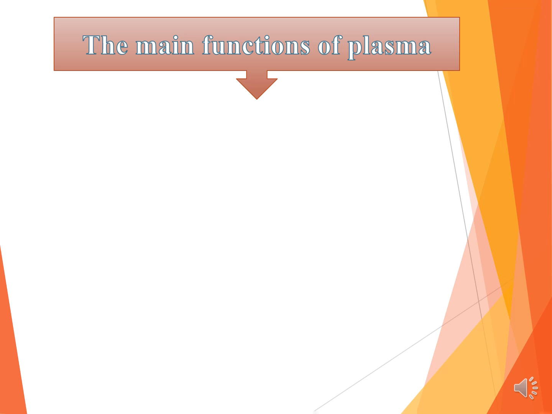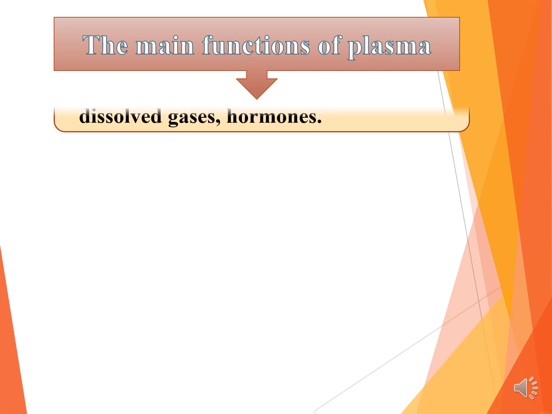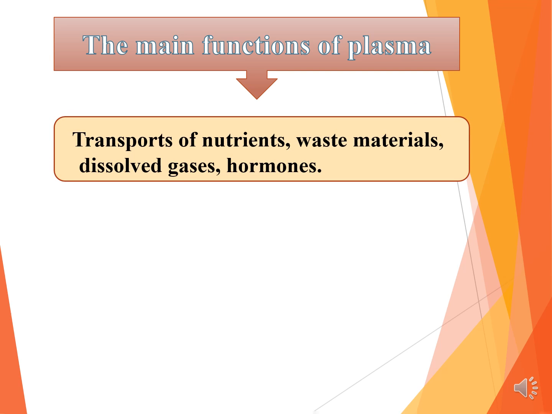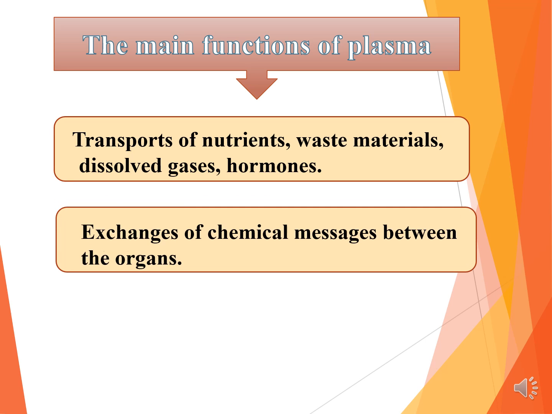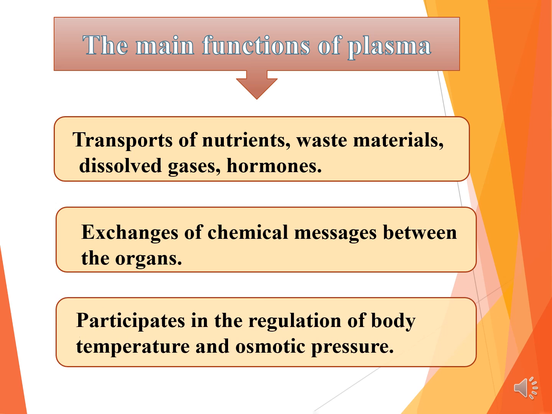The main functions of plasma are transport of nutrients, waste materials, dissolved gases, and hormones for different tissues. Exchange of chemical messages between different organs, and participates in regulation of body temperature and osmotic pressure in the body.